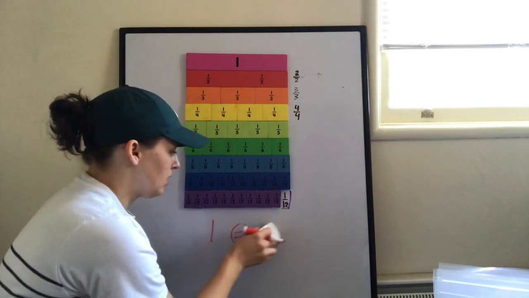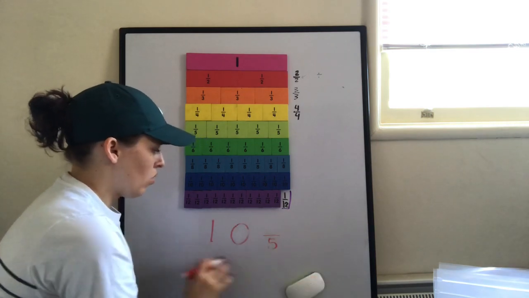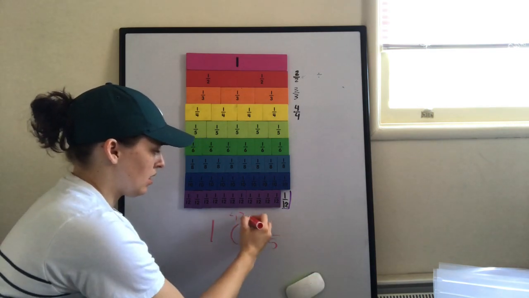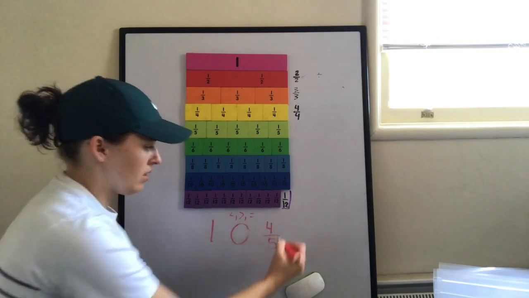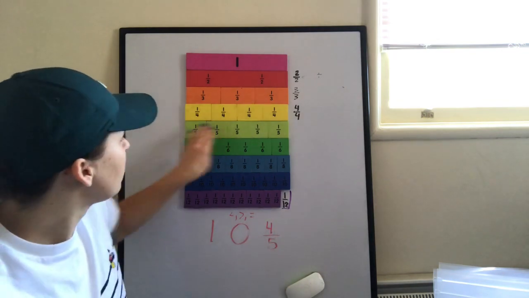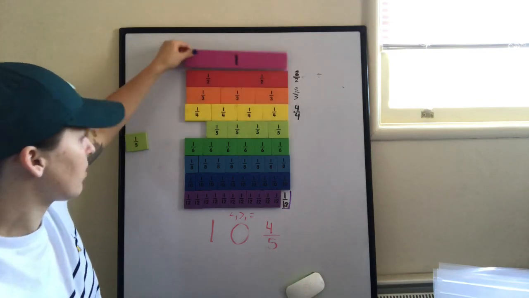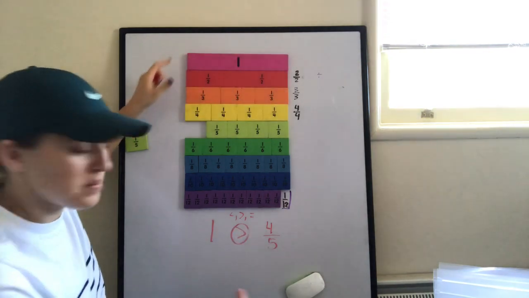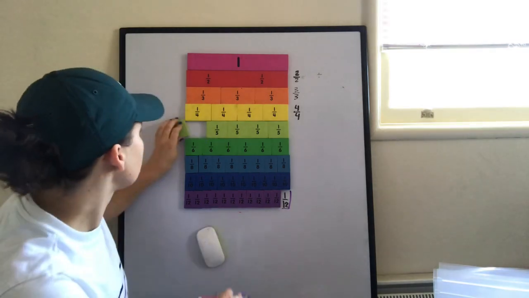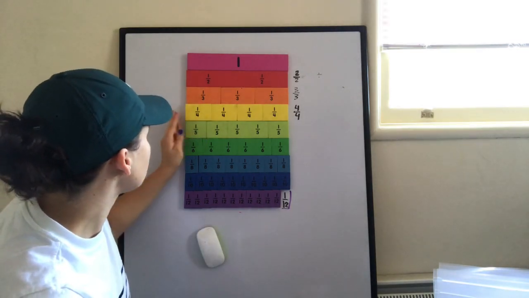If I put 1 is greater than, less than, or equal to 4/5, well, 1 whole is bigger than 4/5, right? So there are lots of different equivalent fractions in here.